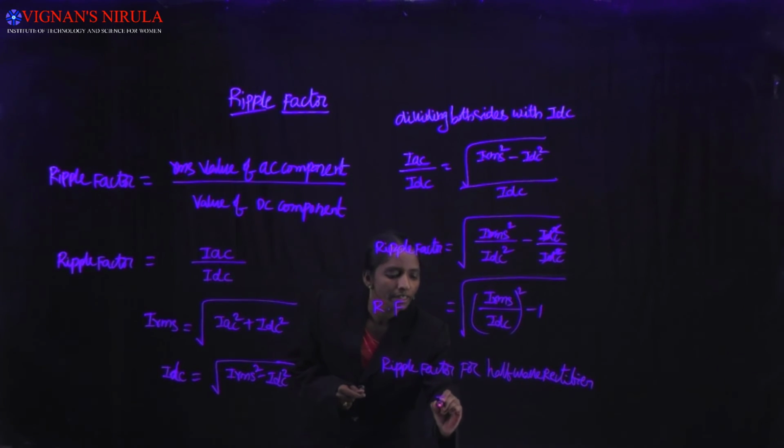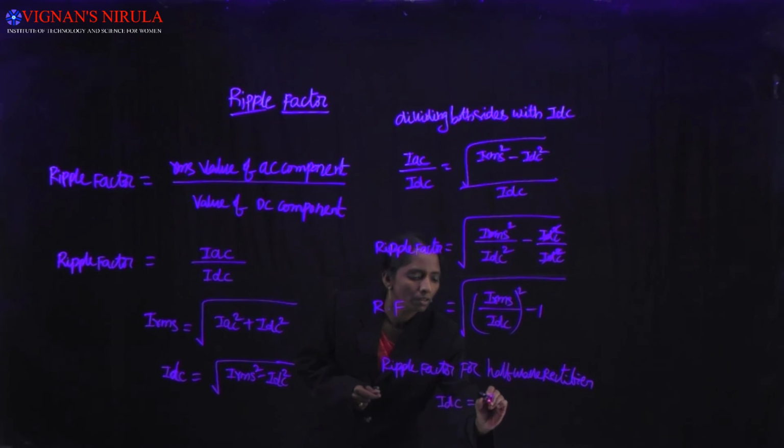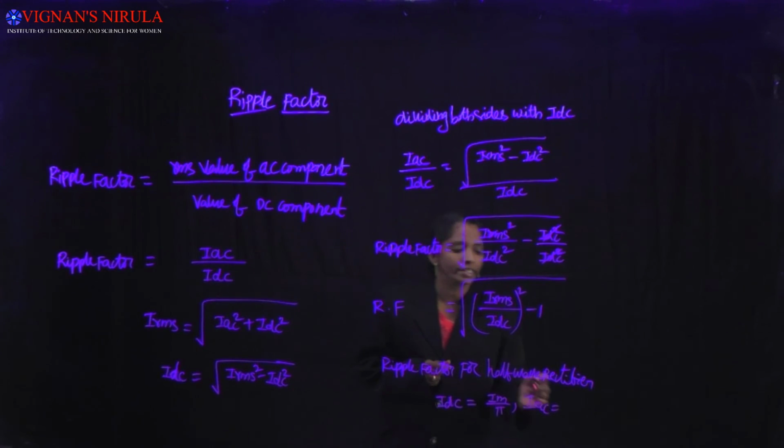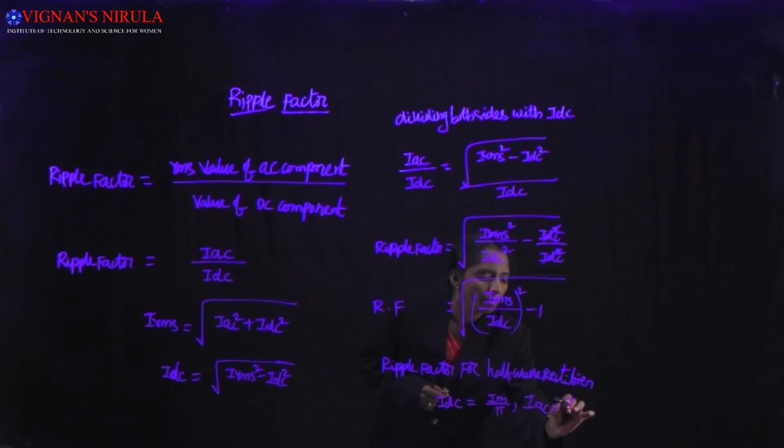Here IDC equals IM by pi, and IRMS equals IM by 2.